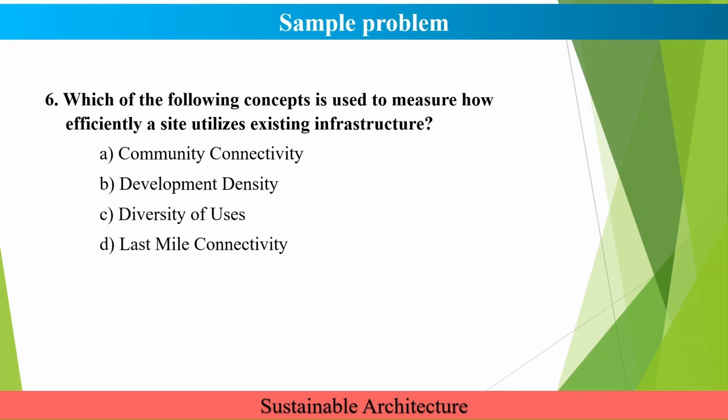Okay, yeah. So when you are talking about existing buildings, then development density will measure how efficiently the site has been utilized. Is that clear? Yes, in terms of buildings, it is. Okay. So let's move to question 7.